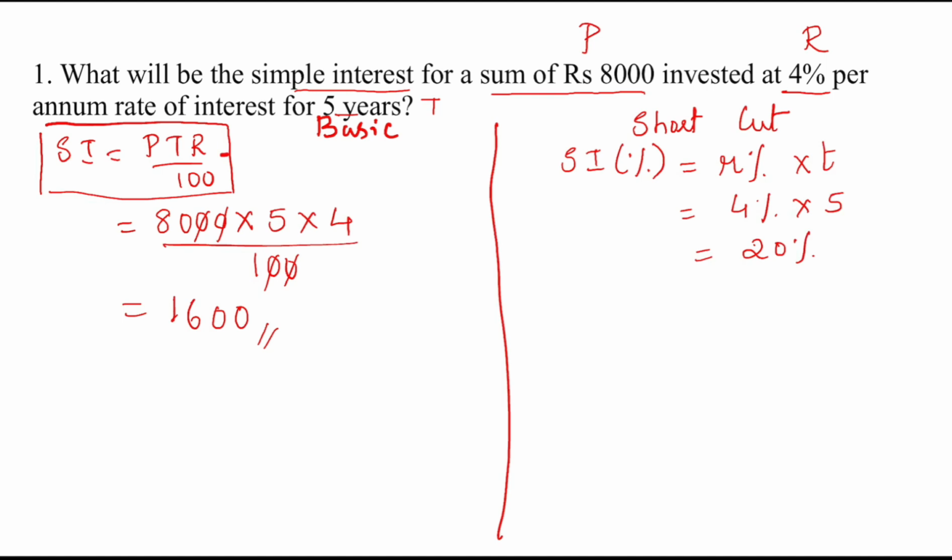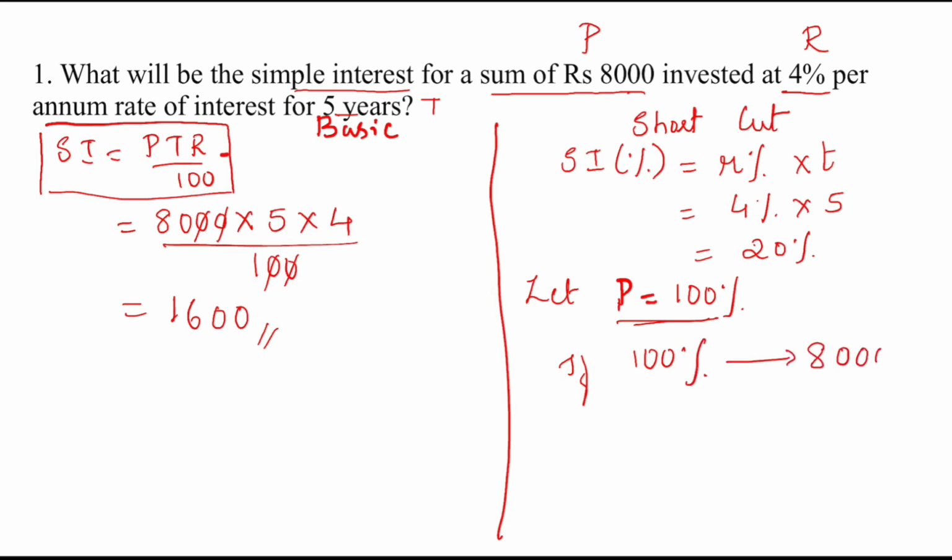It is 20%. So always let me assume principal to be 100%. This I will use in all the problems. Okay, let principal be 100%. Now we know that 8,000 is the principal, means 100% is 8,000, isn't it?